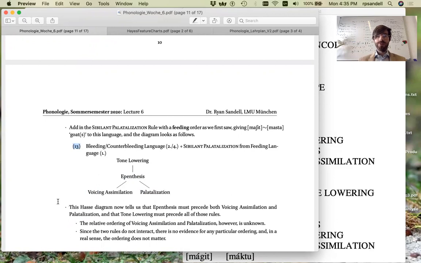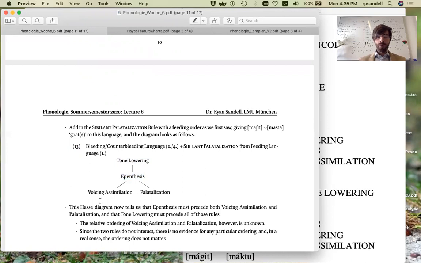So the diagram in 13 now tells us that epenthesis has to both precede voicing assimilation and precede palatalization. And since epenthesis counterbleeds tone lowering, tone lowering must occur before all of those rules.